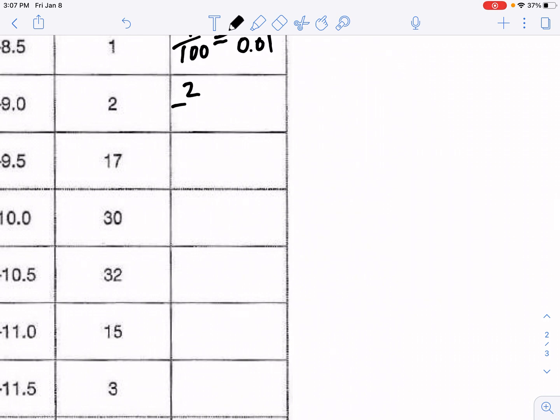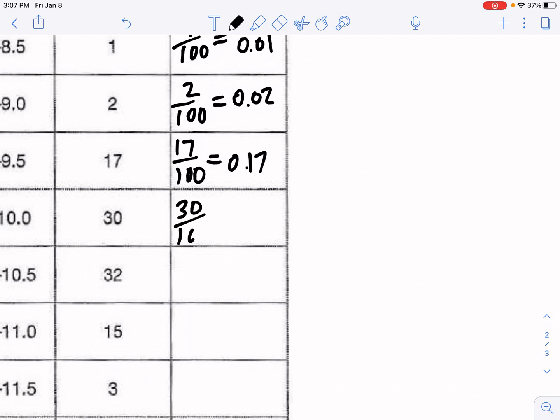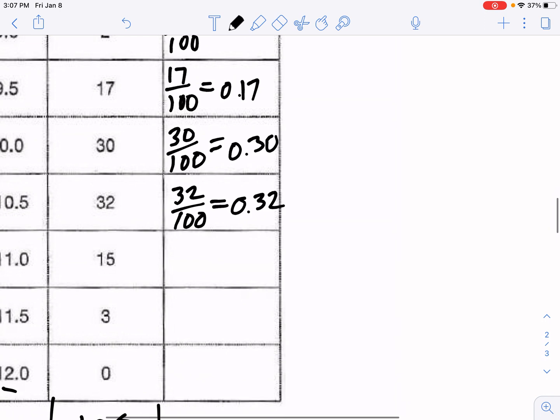So we'd have 2 out of 100, which would be 0.02. We'd have 17 out of 100, 0.17. 30 out of 100, that gives us our 30%, or 0.30. 32 out of 100, and we get 32%, or 0.32.